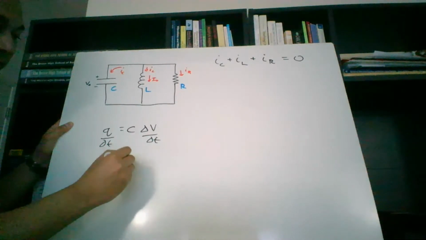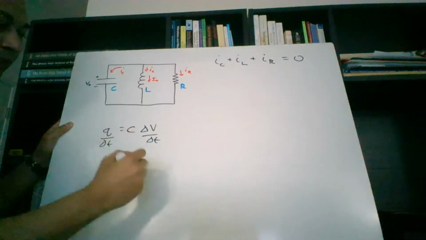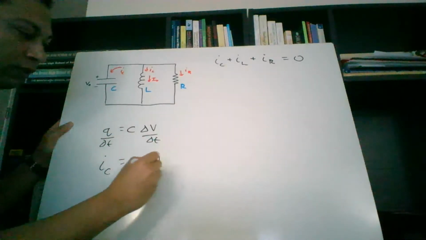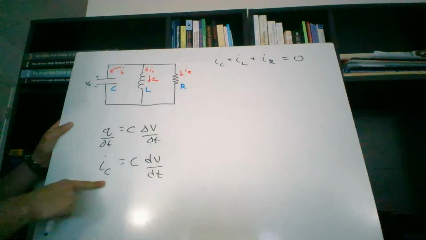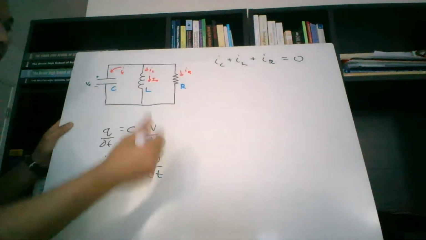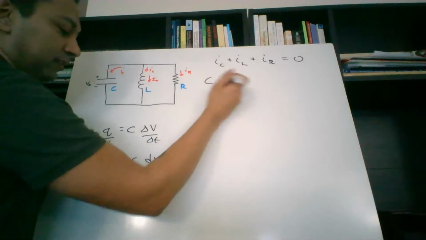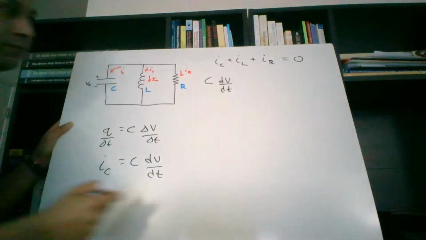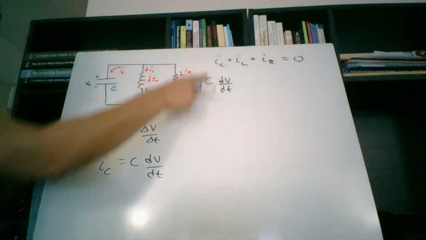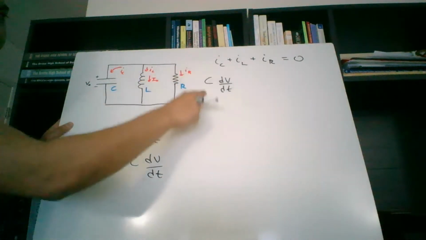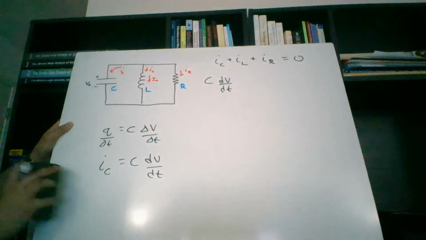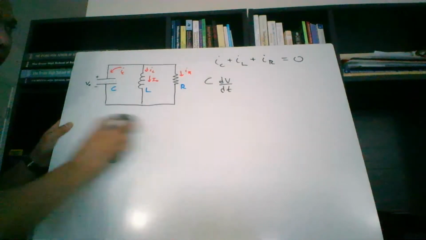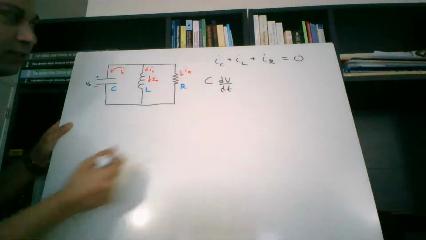And that's going to equal C times, and instead of delta V over delta T, I'm going to write it as dV over dt. So the first current, I'm going to rewrite as C times dV over dt. Okay? So I'm just replacing the current of the capacitor with this term right here. Hopefully no problems there.